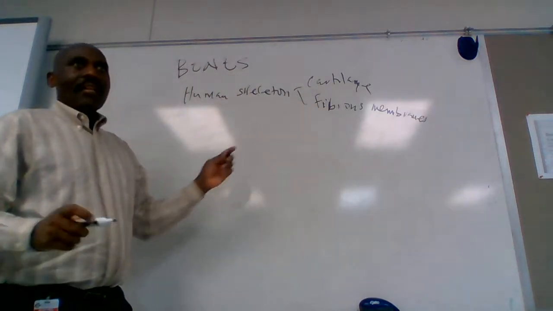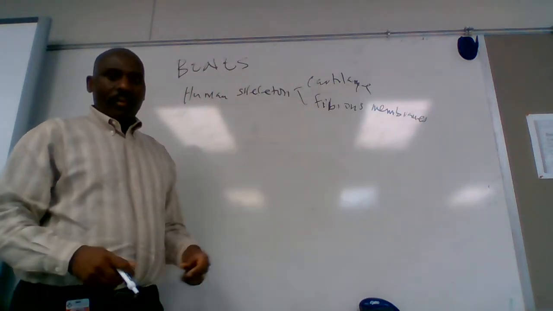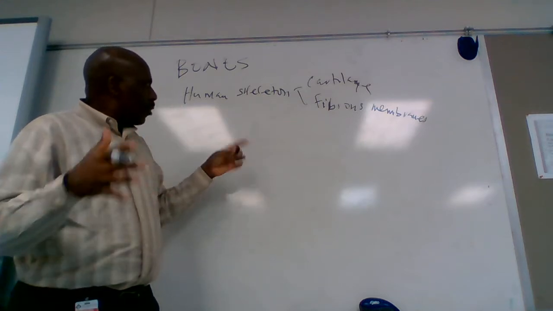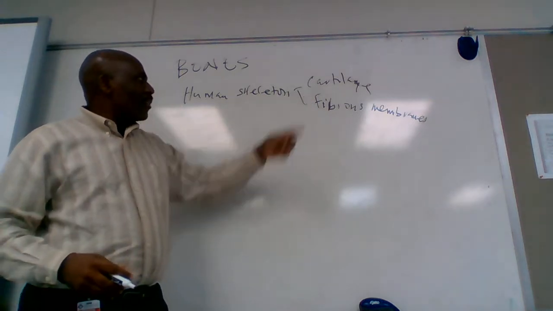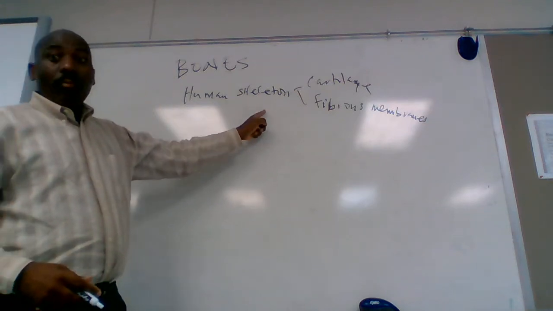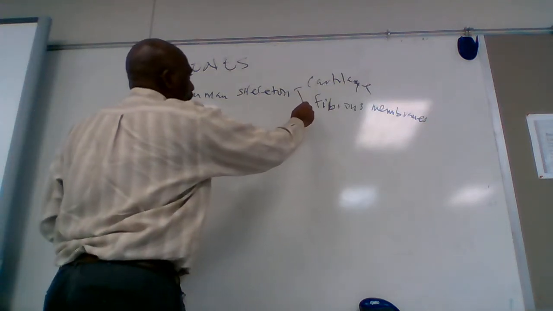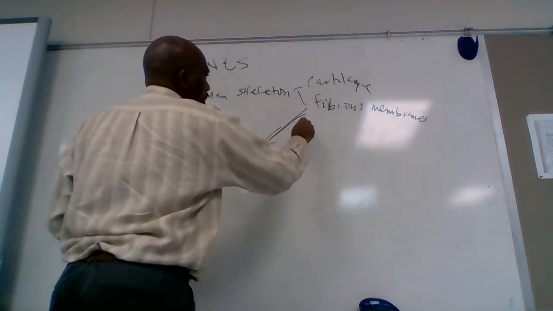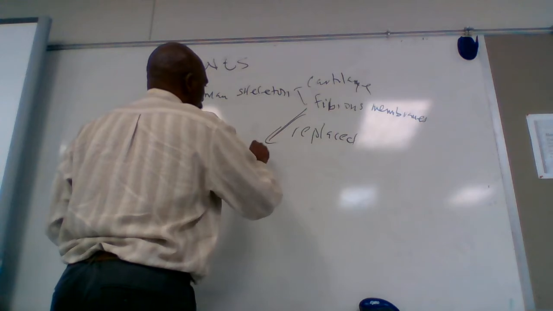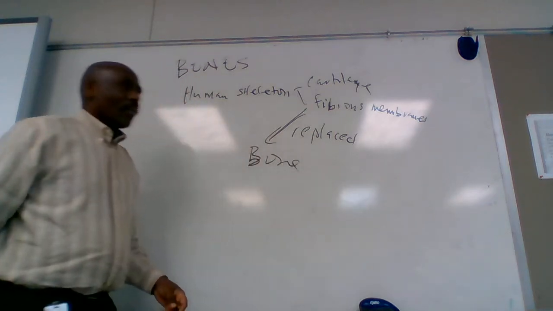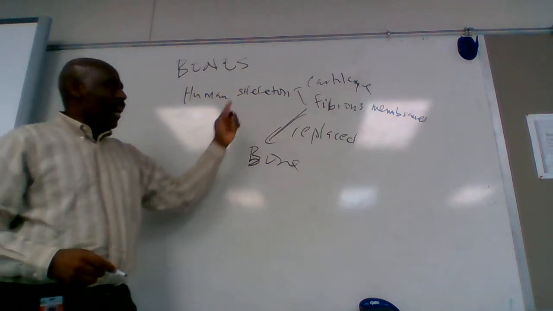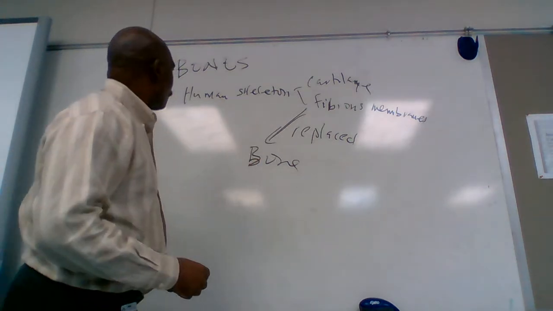So when a child is developing, in those early stages of development, the skeletal structure is supported by cartilages and fibrous membranes. As the development proceeds, this is replaced by bone.